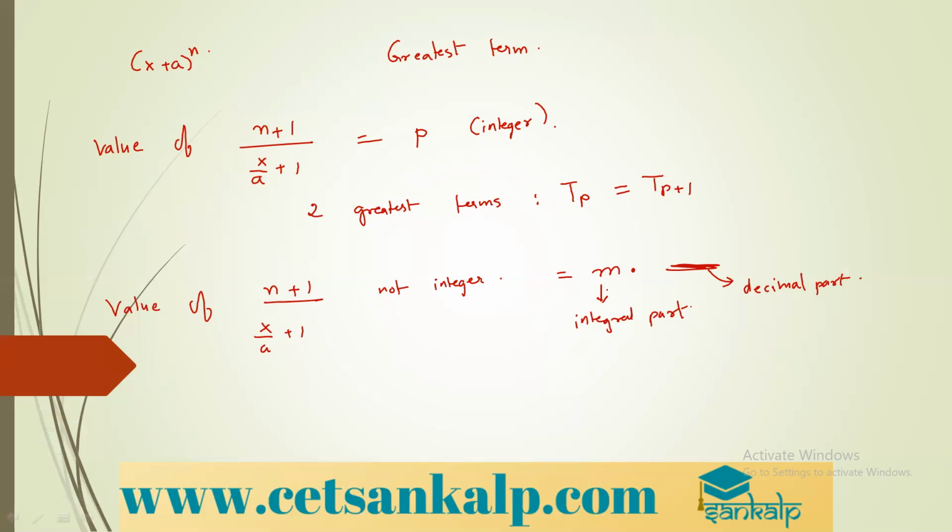So if you get m as the integral part, then there will be only one greatest term in the expansion, and that is the (m plus 1)th term. So you can find the greatest term also, remembering this formula.